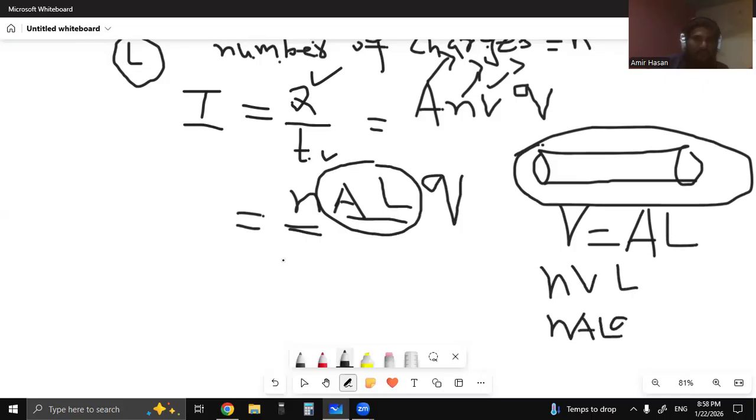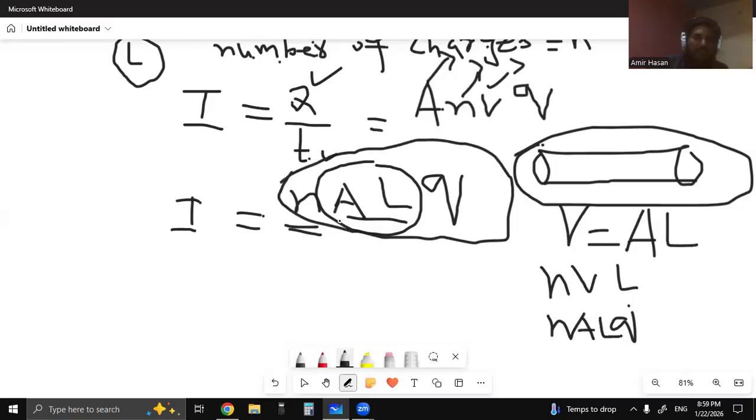When we put this value in the current formula I equal to nALQ, now the total charges are nALQ, which are moving in the conductor volume: number of charges, area, length, Q, number of charges in volume and charge value. Now this represents the total charges.